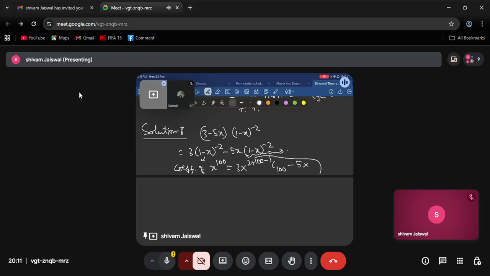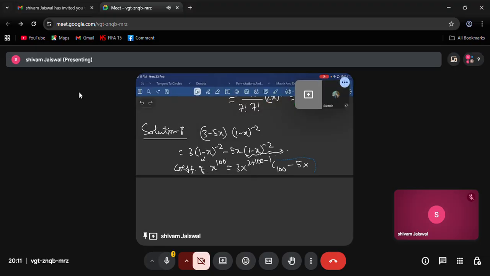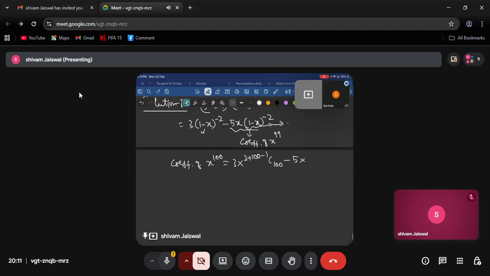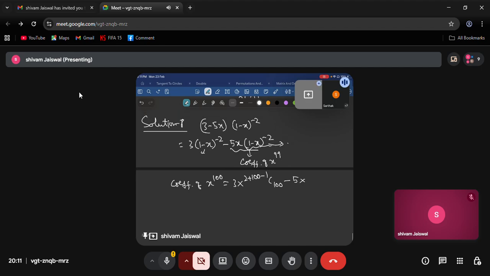Are you people getting? In the second expression, we need the coefficient of x^99. Yes or no? Yes, sir. Okay. So quickly tell me, Sarthak, what is the coefficient of x^99? Sir, 100. 100. Wow.